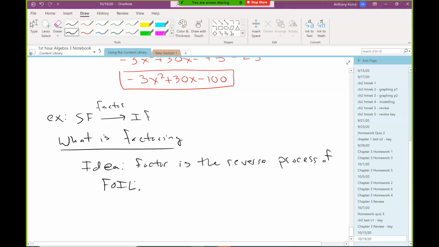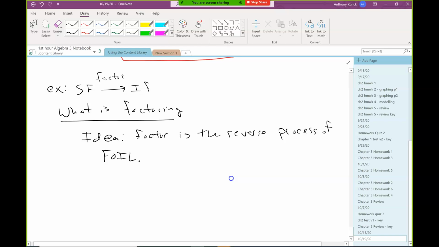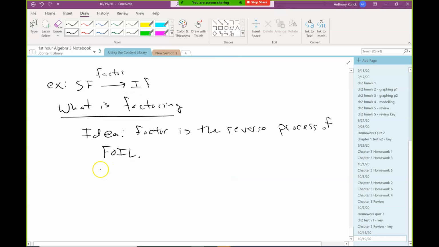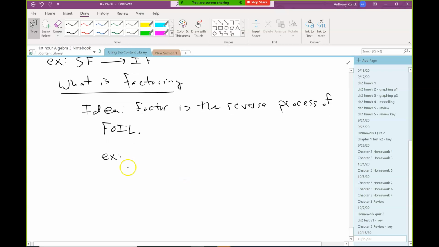So that's what we're basically doing, is the reverse of FOIL. So let's look at a quick example here of a FOIL problem and talk about what it would look like to move backwards from that. Okay?